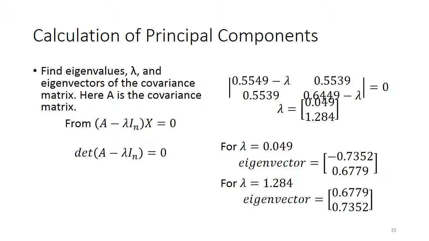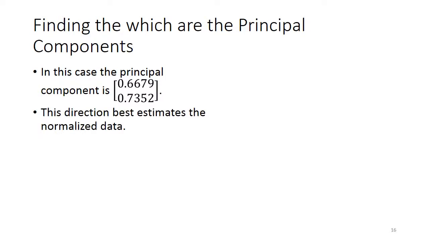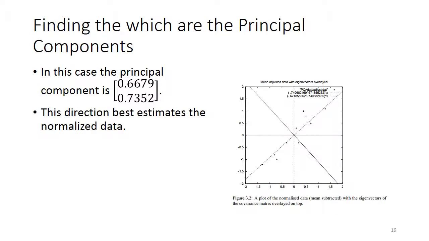So as we can see here, the eigenvector with the greatest eigenvalue is this bottom eigenvector here, with the eigenvalue of 1.284, and this is our principal component. And this is the direction that best estimates the normalized data.